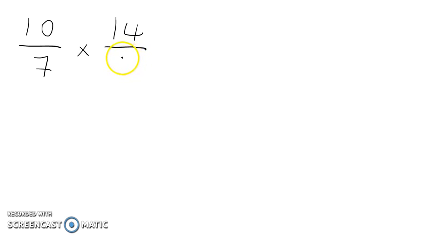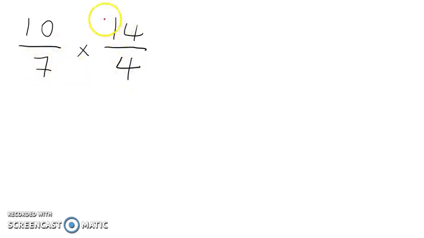So we have 10 over 7 times 14 over 4. Cancelling out process, we're comparing 10 and 14 with 7 and 4.